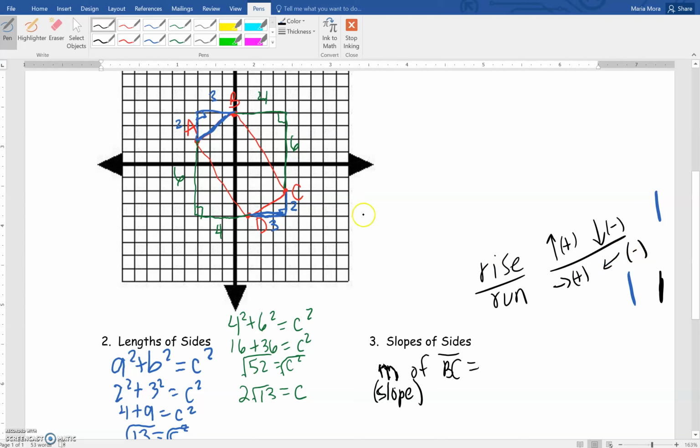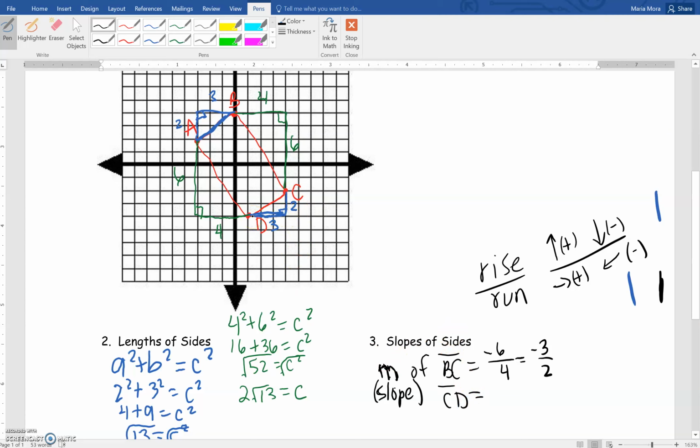Okay, so the slope of BC, if I'm going from B to C, that's right, so I'm going down 6 first and then right 4. So down 6, that would be negative 6 over 4, which simplifies to negative 3 over 2. And I'm going to go in order, so CD. So you can go down, which would be negative 2, and left, which would be negative 3.